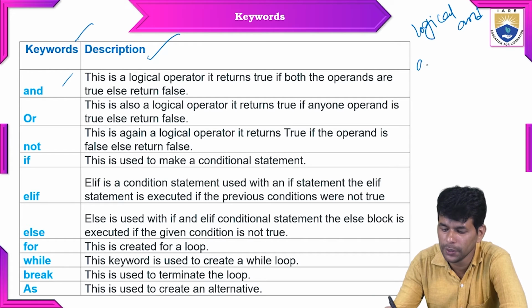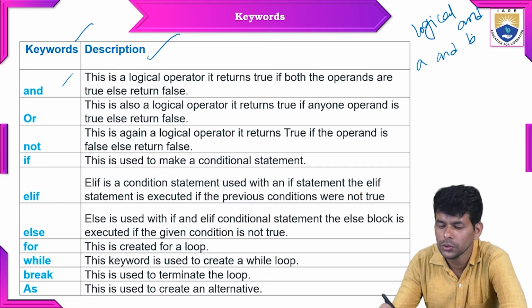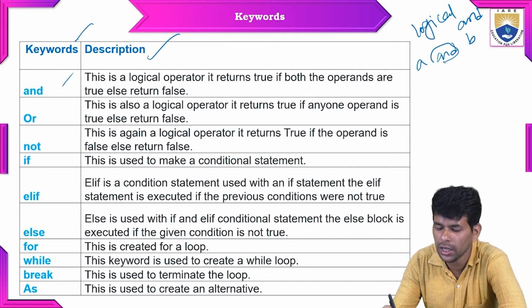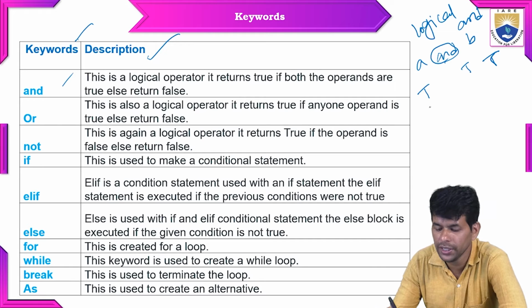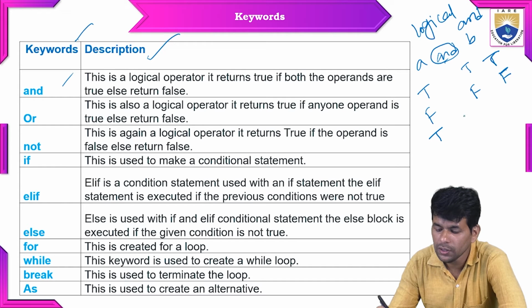If we have two statements, A and B, this and is logical and. So A and B: if A is true and B is true, the result is true only. If A is true and B is false, it is false. If both are false, it is false only.